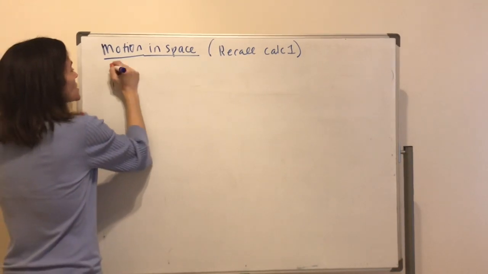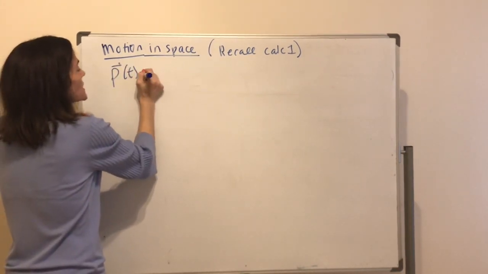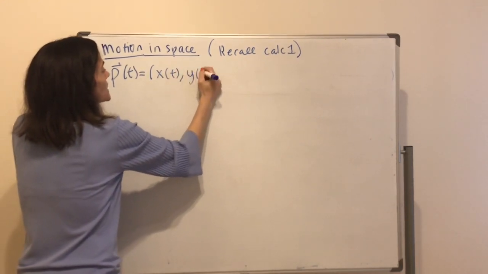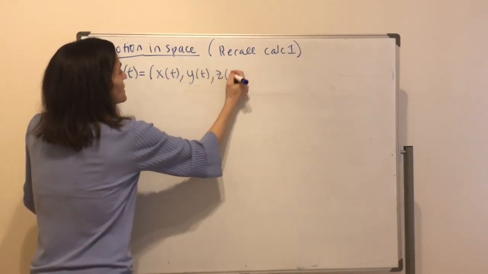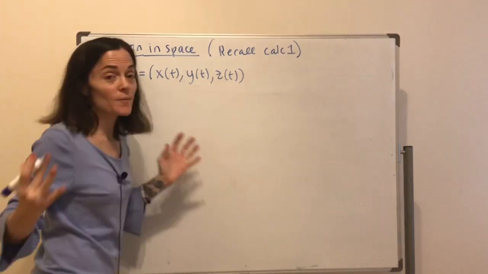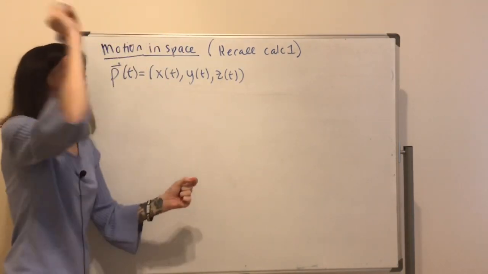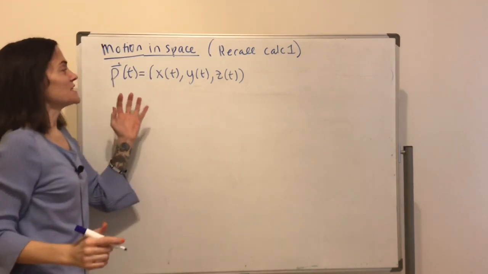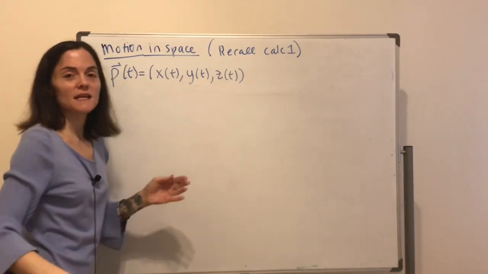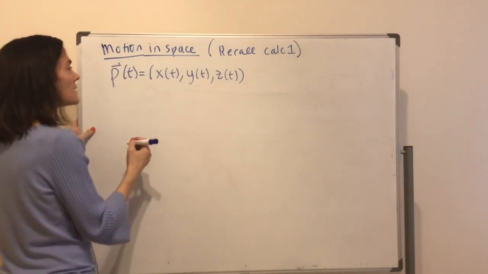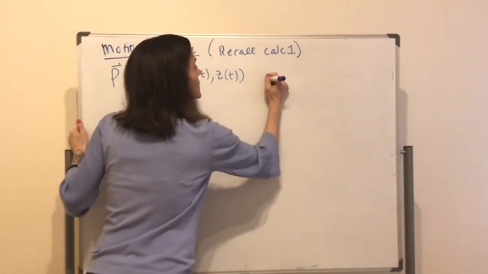So what changes is now position is a vector, say x of t, y of t, z of t, or you could just have two components. So as I have it written, we have motion in R3. We could just have two components, x of t, y of t, and it's motion in a plane, for example. Okay, and this is a vector.